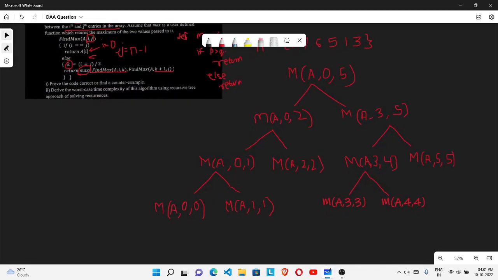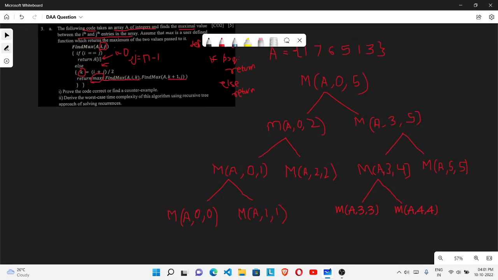Then m a 0 1. So when you have i equal to 0 and j equal to 1, k becomes (0 plus 1) by 2, which is 0.5, which becomes 0. So that's how m of i comma k becomes 0 comma 0, and k plus 1 comma j becomes 1 comma 1.